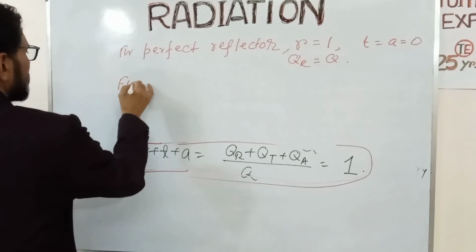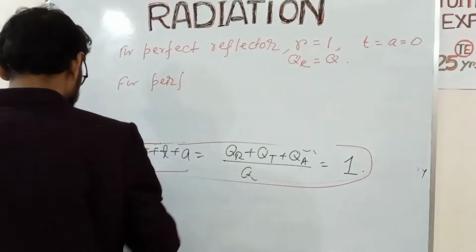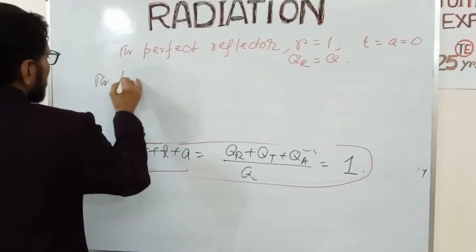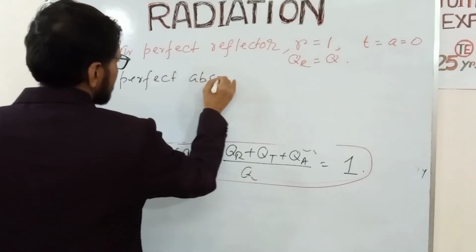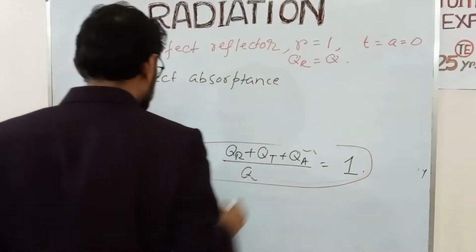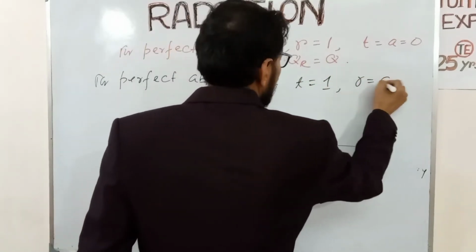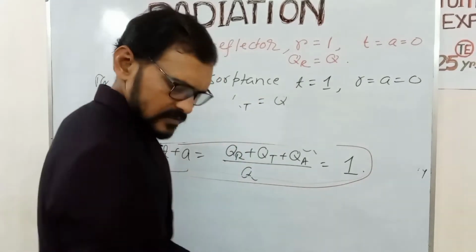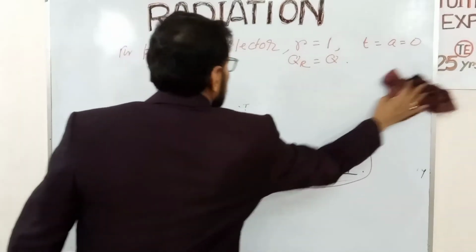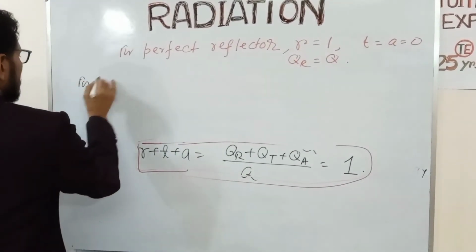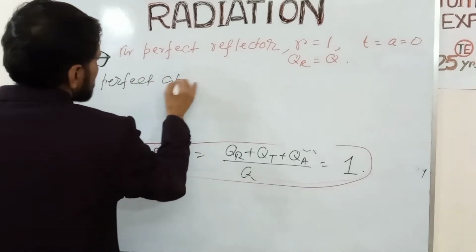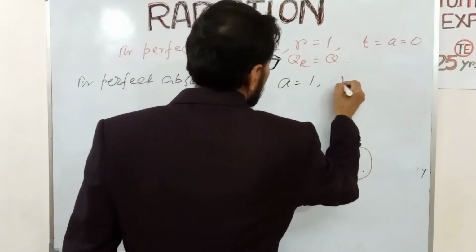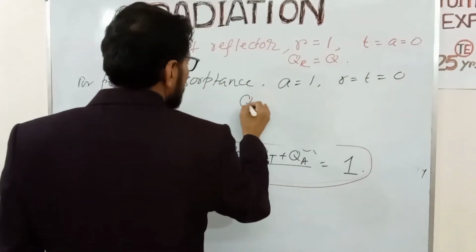Now for a perfect absorber, T equal to 1, there R and A equal to 0, that is Qt equal to Q. Now for a perfect absorber, A equal to 1, so R and T equal to 0, that is Qa equal to Q here.